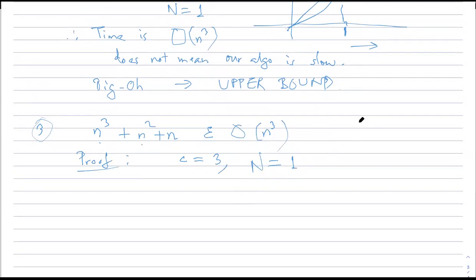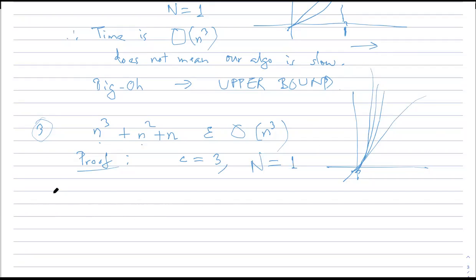And you can plot this. If you plot this, you can see that n will be here, n square will be here, n cube will be here. And if you add them together, it will be growing faster than n cube.